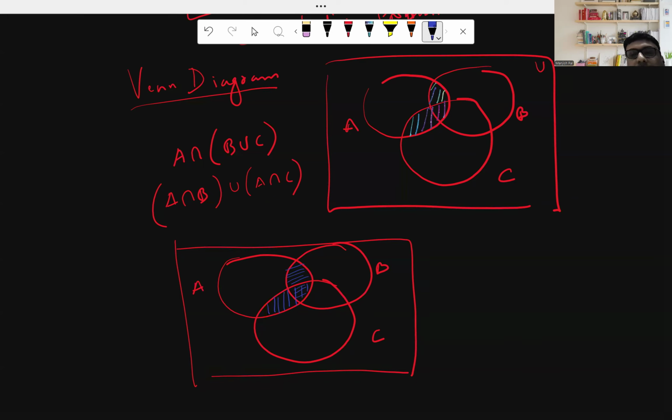If I take the union of both of them, again I will get this region, which is already depicted here.